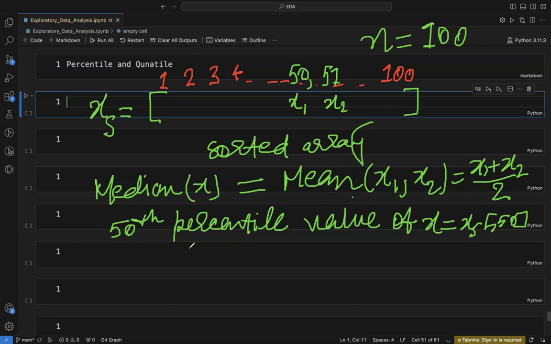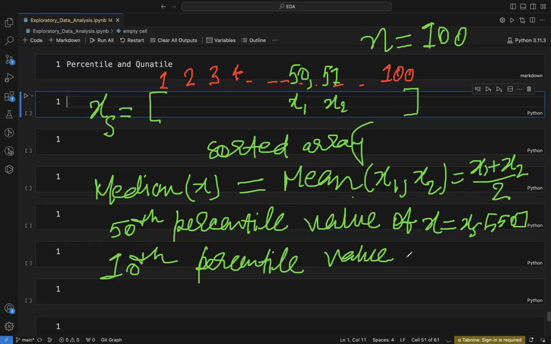Similarly, what is the 10th percentile value of X? In a sorted array, it is my value at the 10th position. So in this sorted array, you pick the 10th value corresponding to the 10th index.